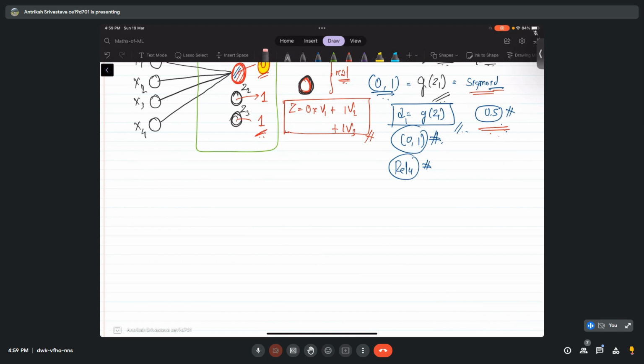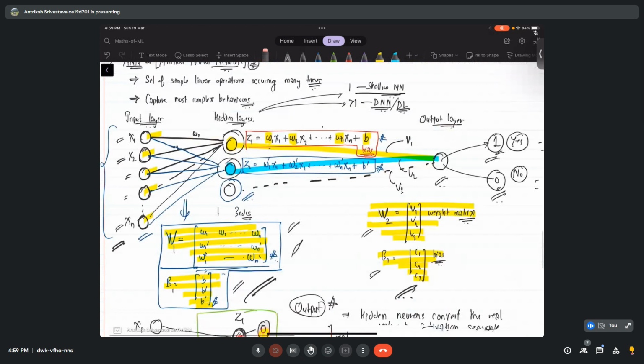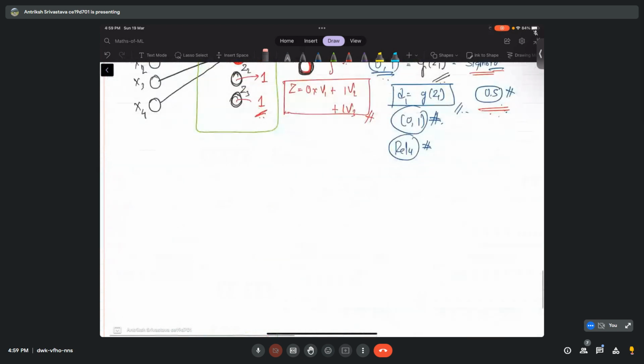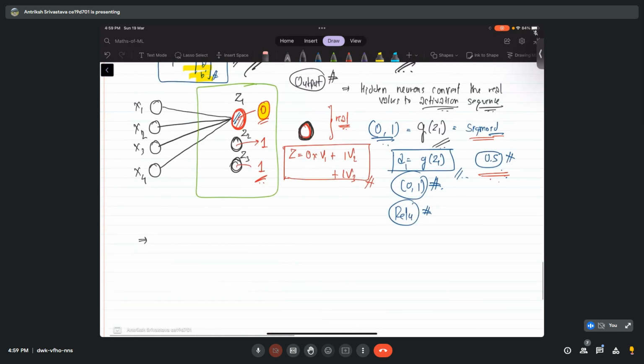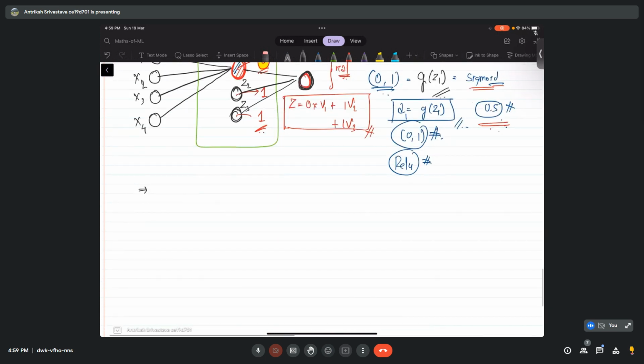Okay, now here's the thing. Before I talk about deep learning, this process of calculating the output value from these values in an ANN is called feed forward. Why is it called feed forward?